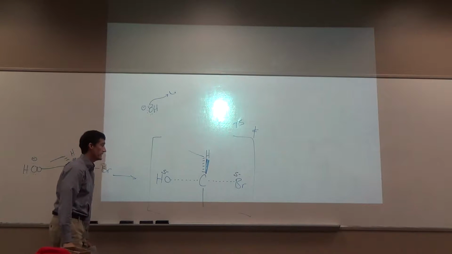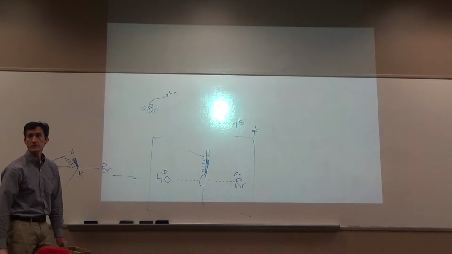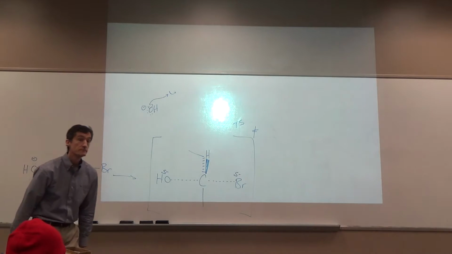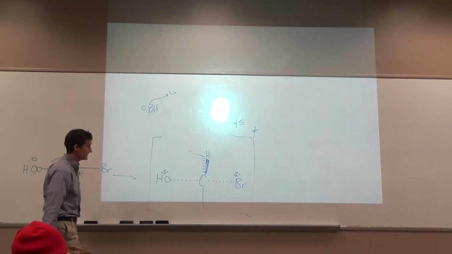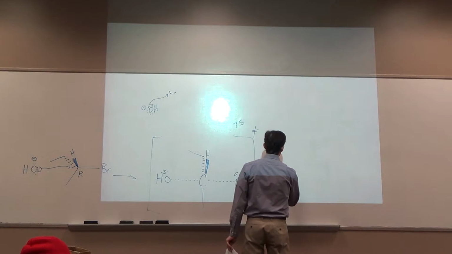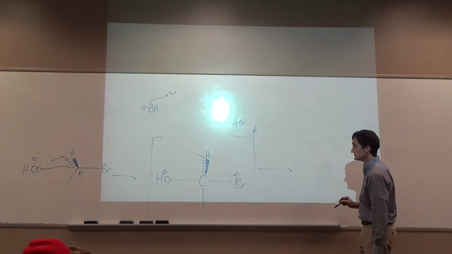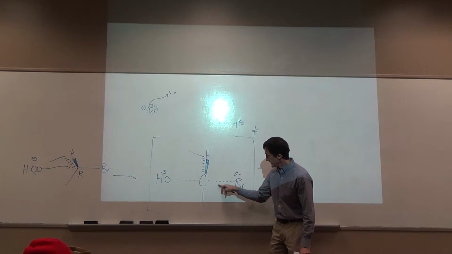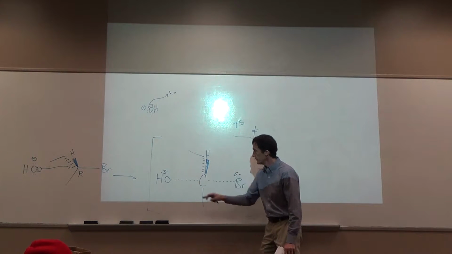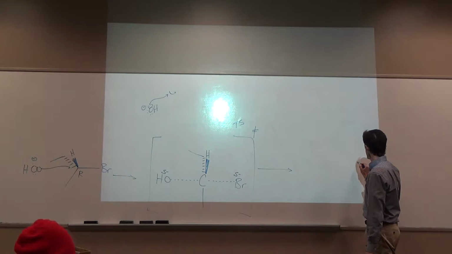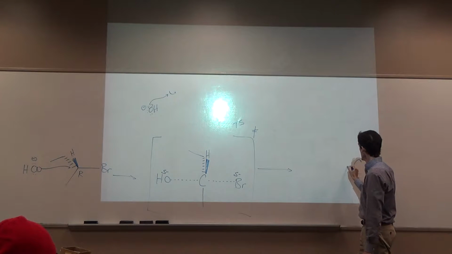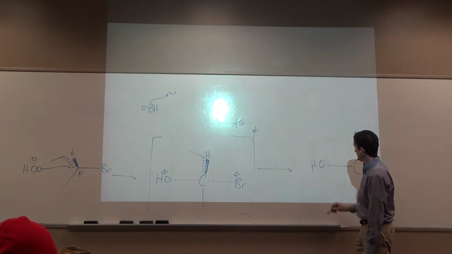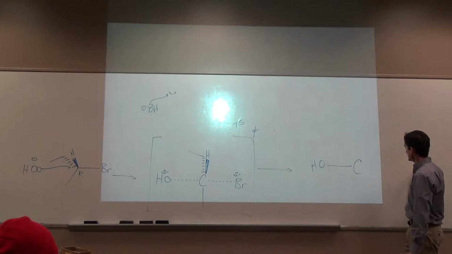There's a transition state. What's another name for transition state? Yeah, activated complex, yes. Okay, then what do we end up with at the end? This bond completely breaks. This bond completely forms. We can draw that. We're going to have a carbon. The OH is completely formed. This is completely broken.